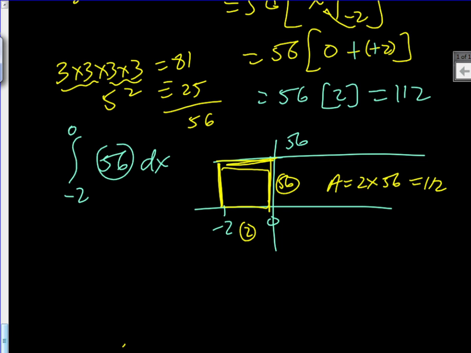Now, suppose you were asked to find the area between these curves. The curve y equals e to the x, and that's always positive. Some people will say no, it's not. If you take e to a negative number, it's negative. No, because there's an understood 1 here.